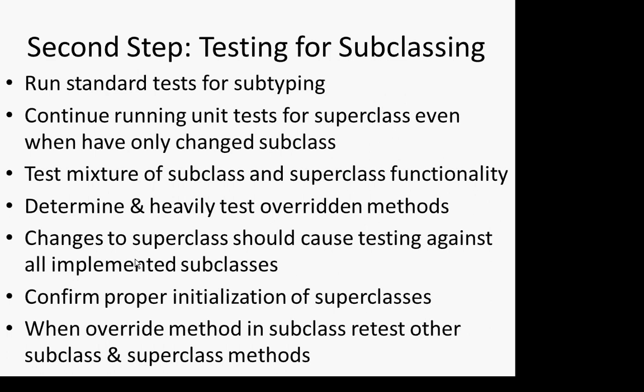Confirm proper initialization of superclasses. Make sure, particularly in languages like C++, that you haven't neglected to initialize the superclass. And if you're going to override the methods in the subclass, you want to retest other subclass and superclass methods.